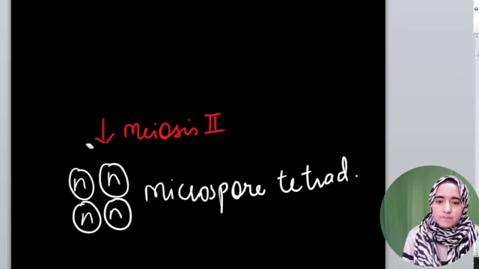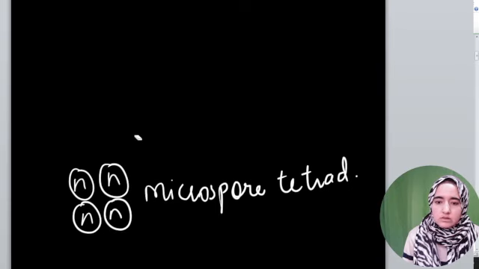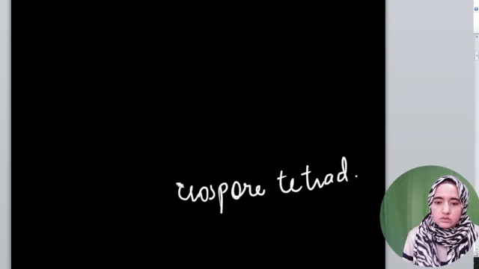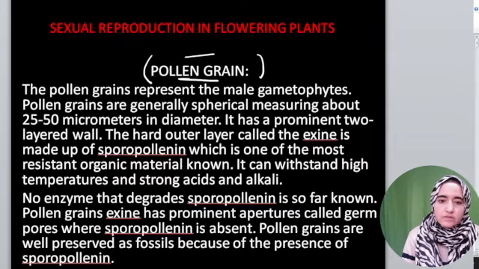Now please remember, I already mentioned pollen grain looks like this, right? Pollen grain is like this. It contains two cells, vegetative cell and generative cell.